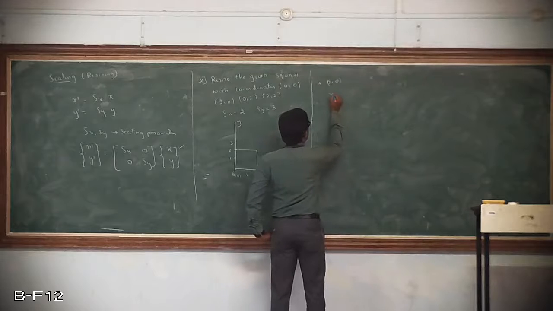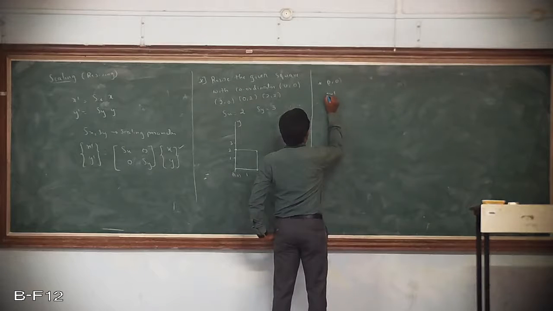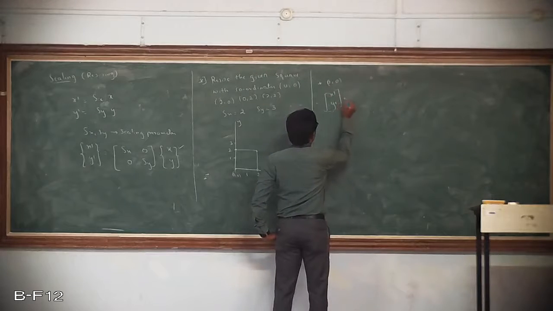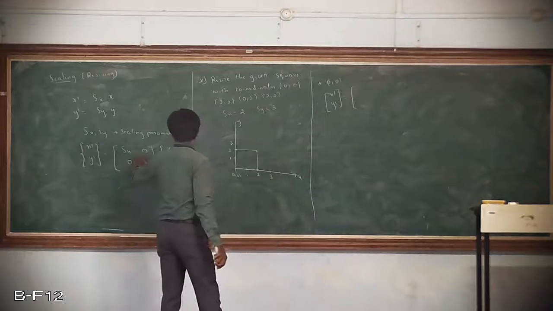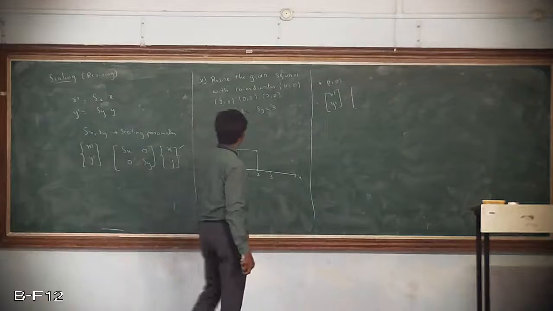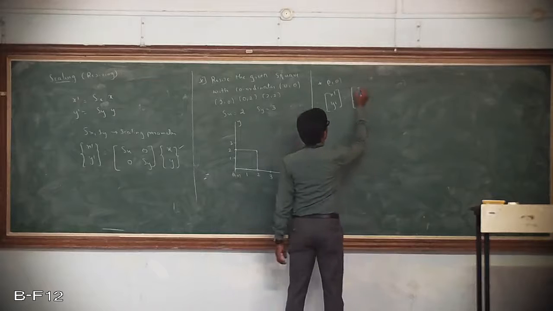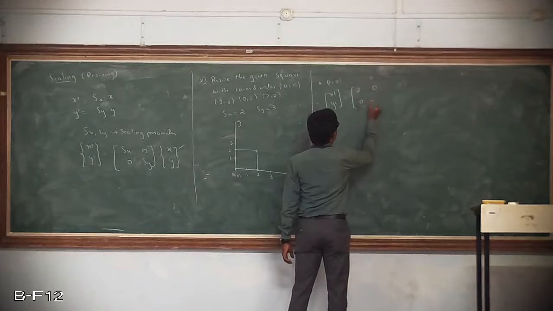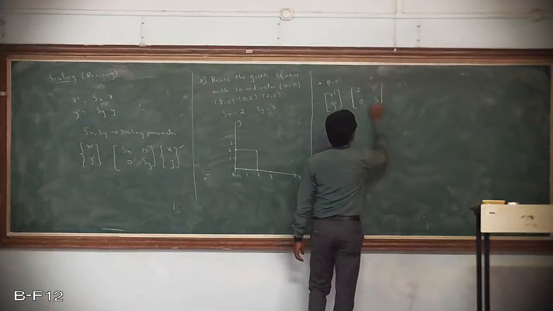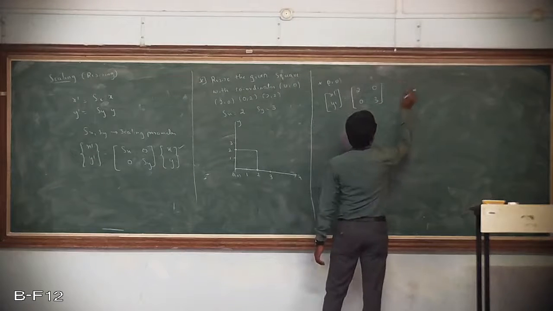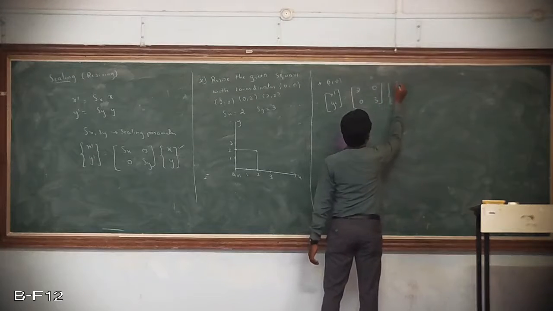So x dash y dash will be, if you see the formula, Sx 0, 0 Sy. So Sx is given as 2, 0, 0, 3. So this is the equation which we will be writing, and the original coordinates 0, 0.